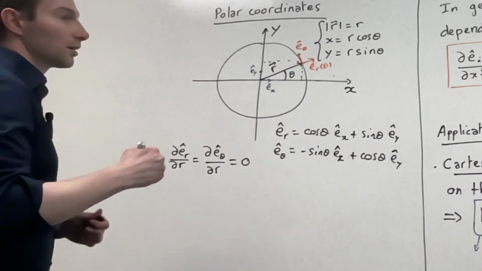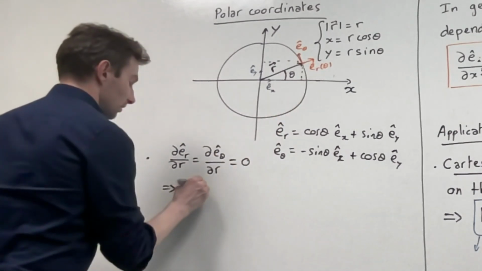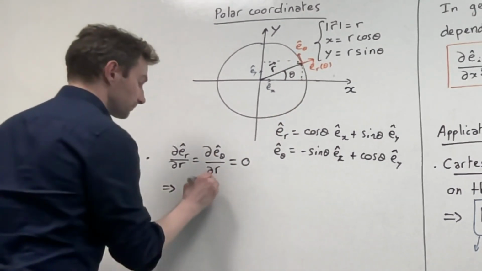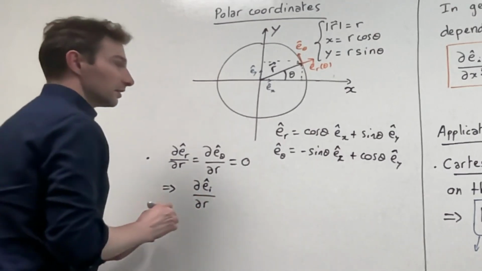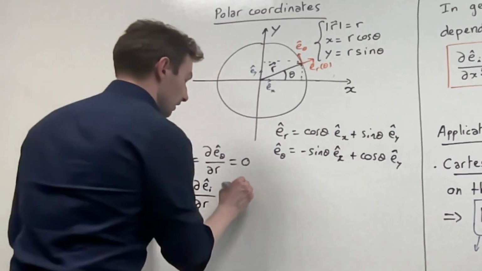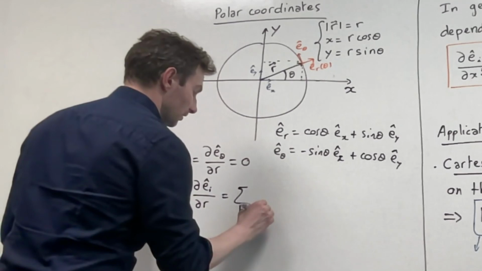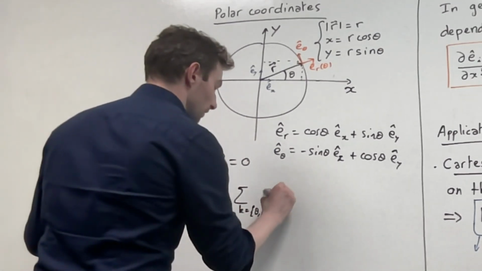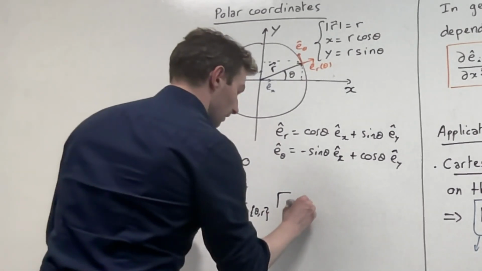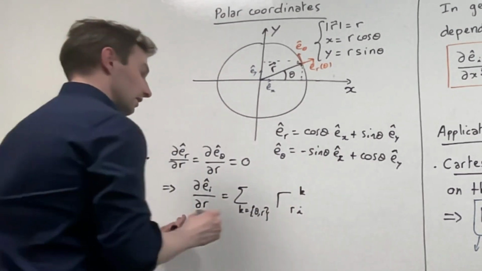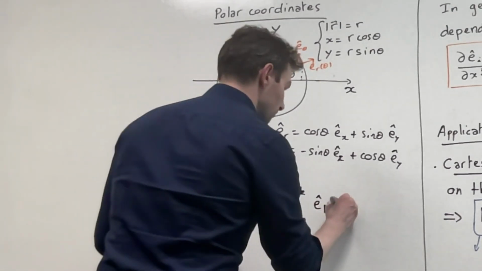So what does that mean? Well, that means that if I replace over there, I'm going to have d of E i, again in the polar basis, dr is equal to the sum over k, where k takes the value theta or r, of gamma, here we have r, and then i, and then k, and I should not forget ek, and this is going to be equal to 0.